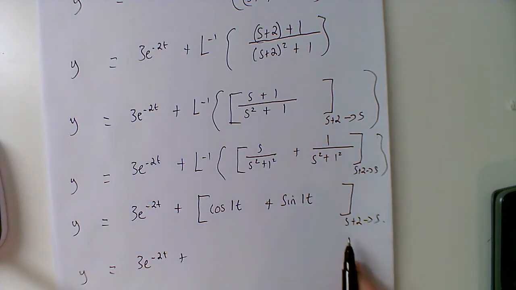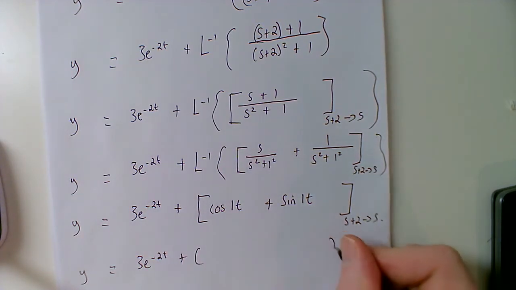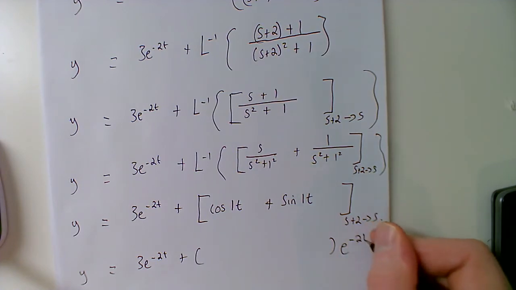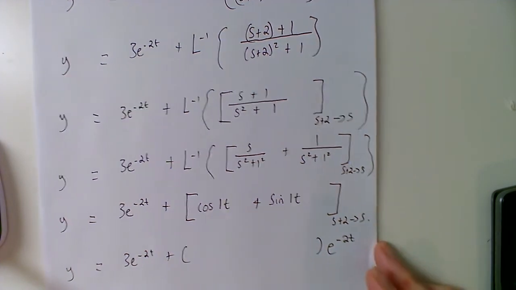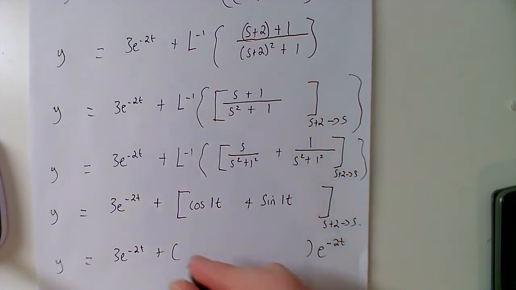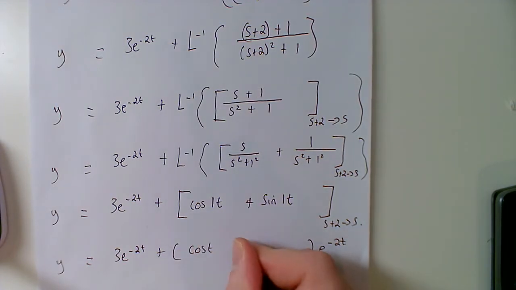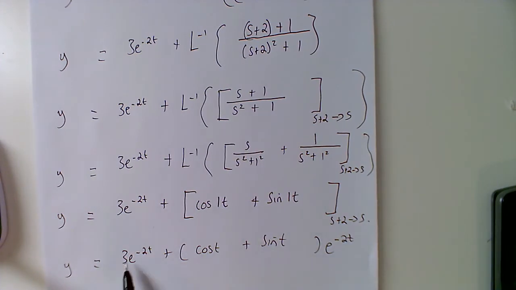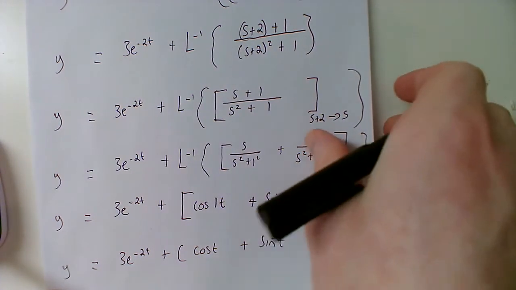Right, now we know that the square brackets become e to the power of negative 2t, from the inverse first shift theorem. That's cos t plus sin t. Now, that's also got an e to the power of negative 2t in it.